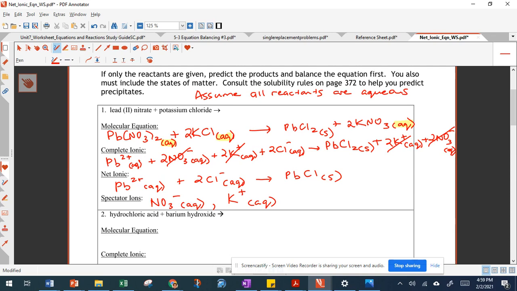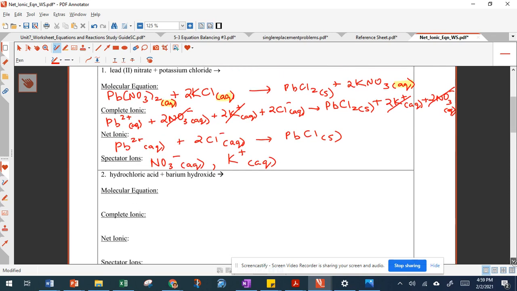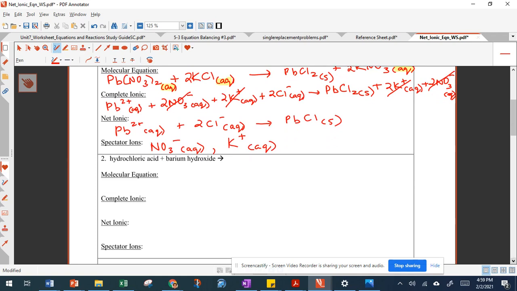I want to do one more just to show you guys a slightly different scenario. So let's do this one. For this one, we have HCl. And remember, we're assuming all our reactants are aqueous, plus barium hydroxide.